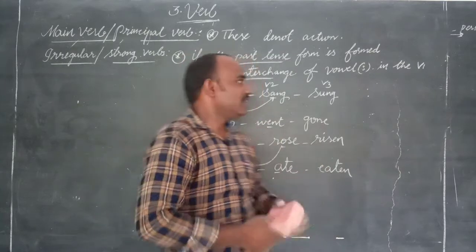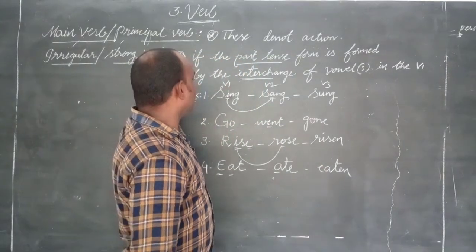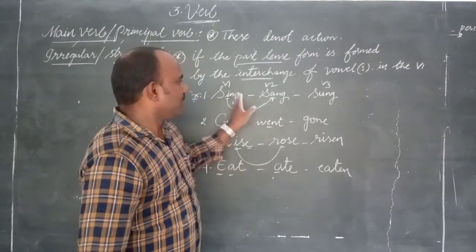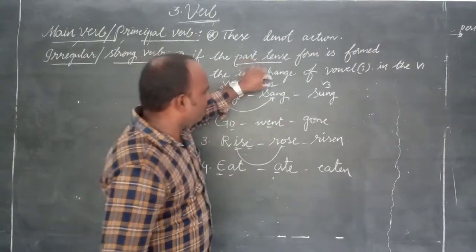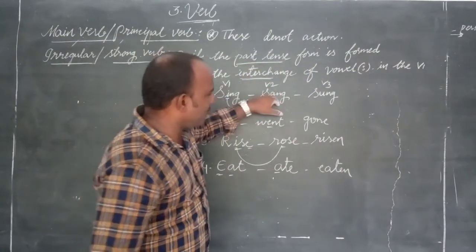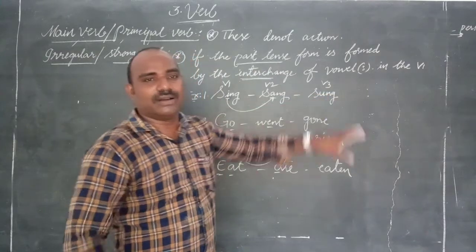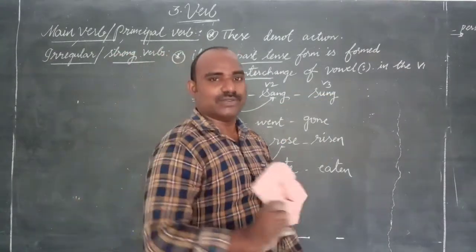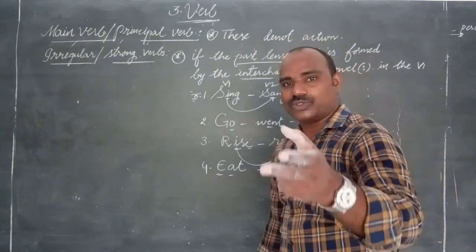That is called irregular verbs or strong verbs. And one more clue is that the three forms, V1, V2, V3, present tense form, past tense form, past participle form, are entirely different for strong or irregular verbs. Now we see the next category.